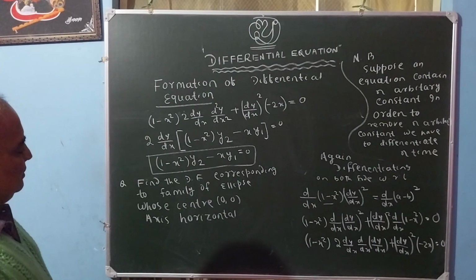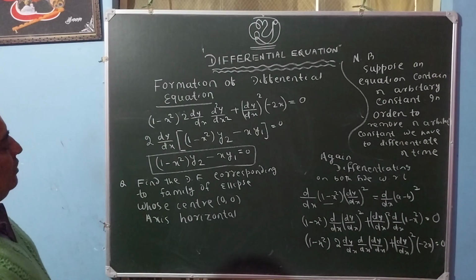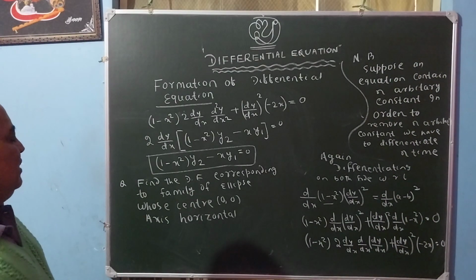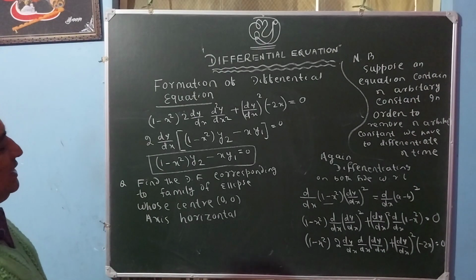Find the differential equation of the family of ellipse whose center is (0, 0), axis horizontal.